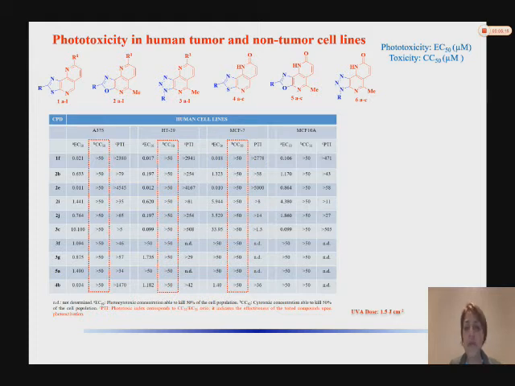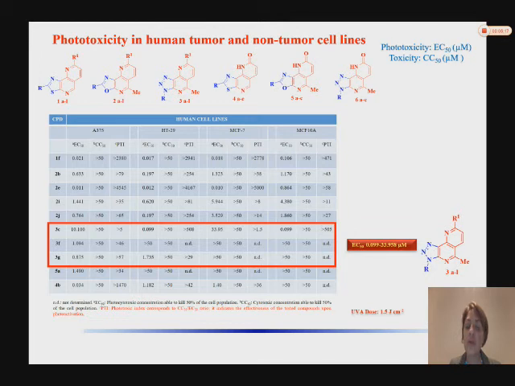And among the 3 classes of compounds, triazolonaphthyridines demonstrated phototoxicity with EC50 values up to nanomolar level.